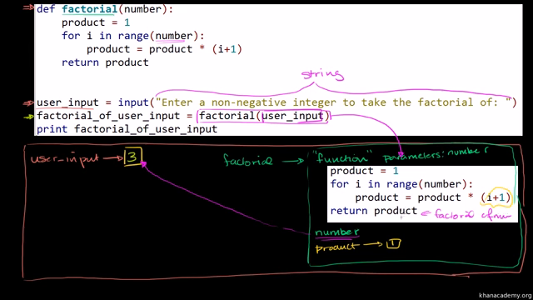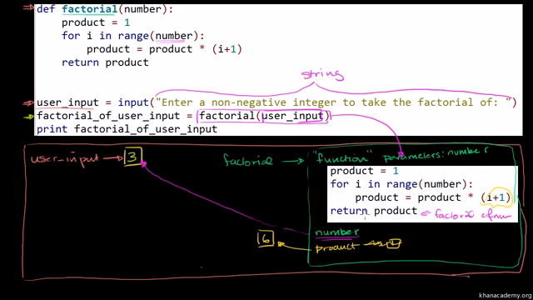So after you do this, product will keep referring to a bunch of things. It'll refer to 1, then it'll refer to 2, then it'll refer to 6, because we're going to do 3 times 2. So eventually product is going to refer to 6, and then that is returned.